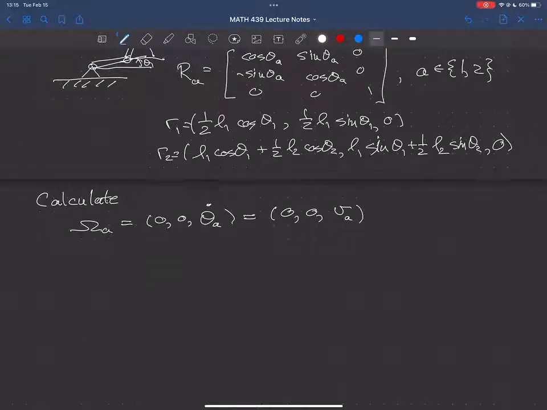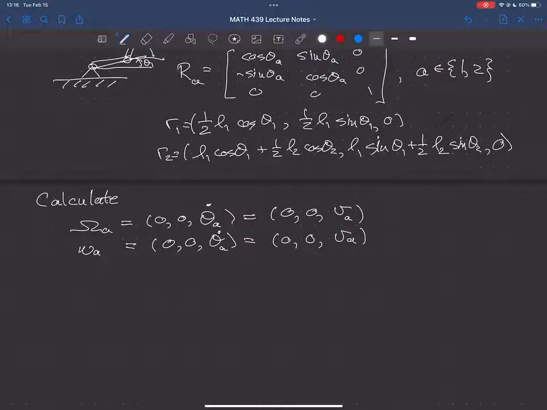Okay, and then omega A also is 0, 0, theta dot A, 0, 0, VA. Okay, and so again, this is just representing it as a derivative along a curve, and this is representing it as a coordinate for a point in the tangent bundle. The way to do calculations is easier to use the derivatives, but then after you have the derivative, you can replace it with the tangent bundle coordinate.